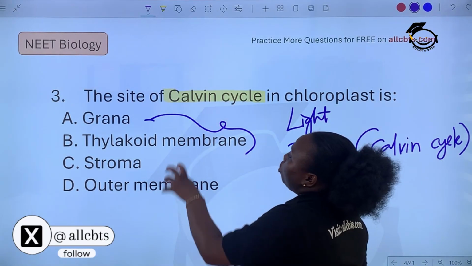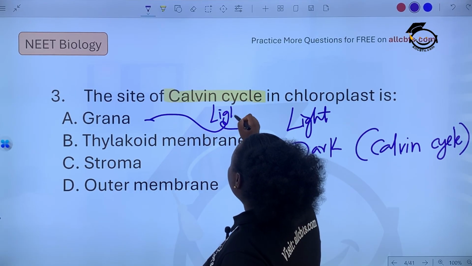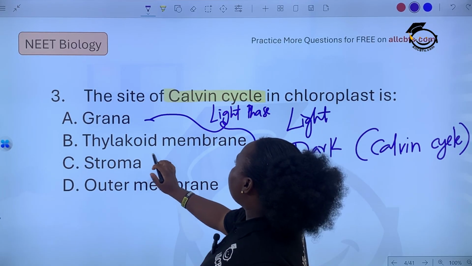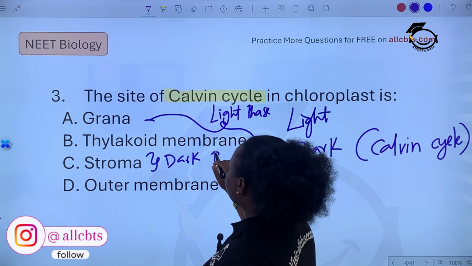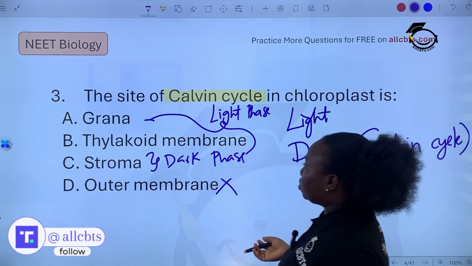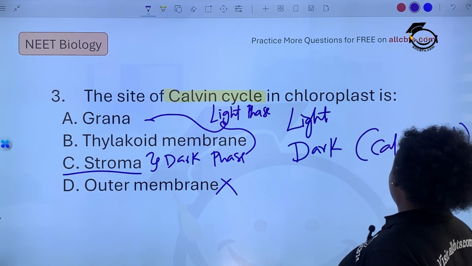And these two are the sites for the light phase. Now the stroma is for the dark phase. The outermost membrane is not a site of photosynthesis. So our answer is option C, the stroma.